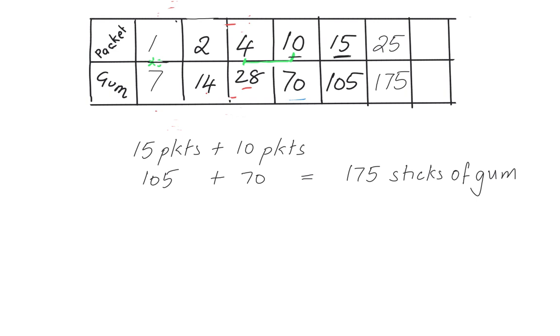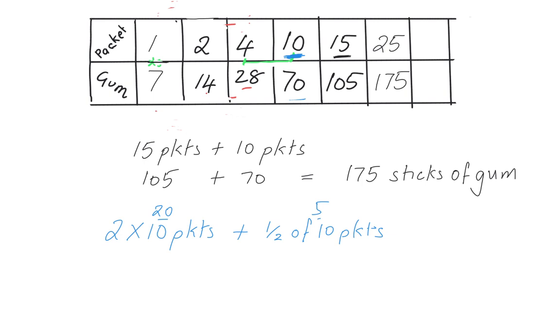What about if we started with our 10 packets and doubled them? So 2 lots of 10 packets gives us our 20, and then we just need another 5. What about the half of 10 packets? That gives us our 5. So now we've got our 20 and our 5.